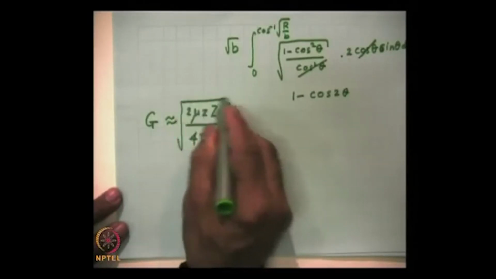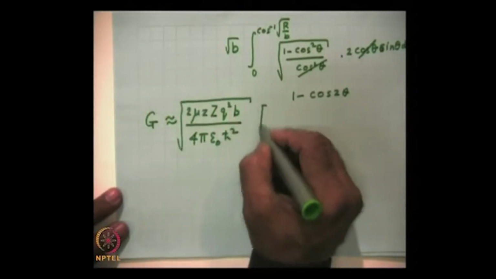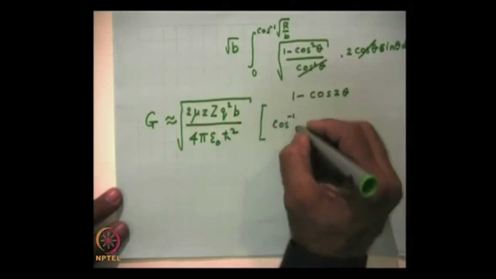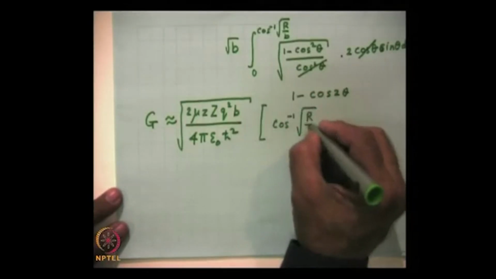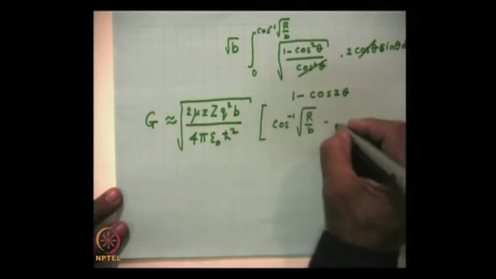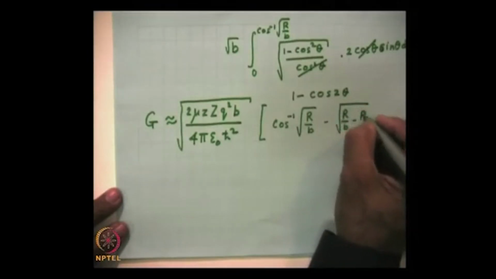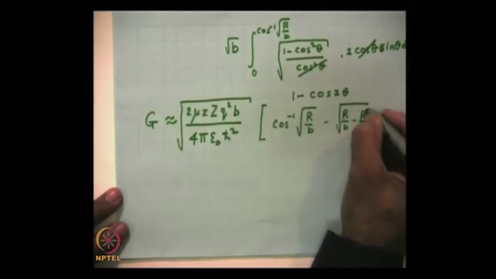This becomes equal to cos inverse under root of R by b minus under root of R by b minus R by b whole square.